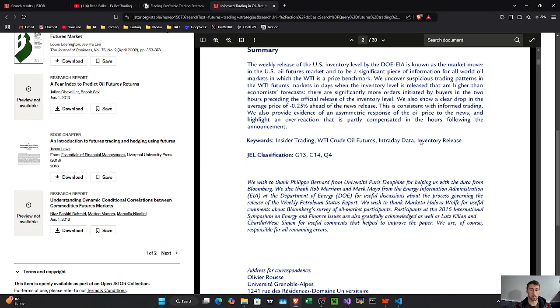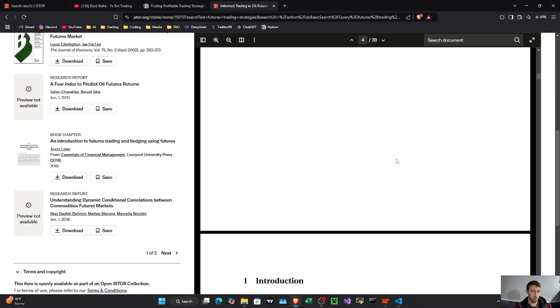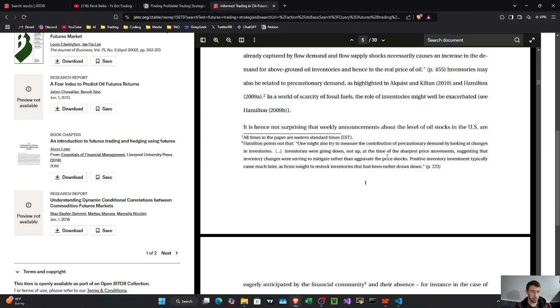So that's another thing with this, right? You have to read it all. The thing is now though, you can just use ChatGPT on everything. So let's see.